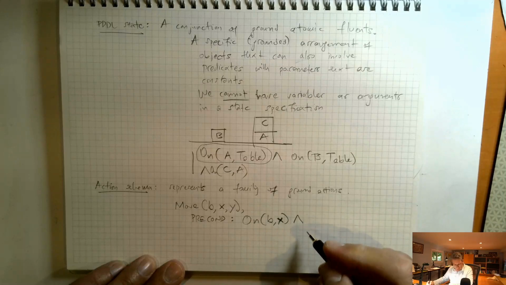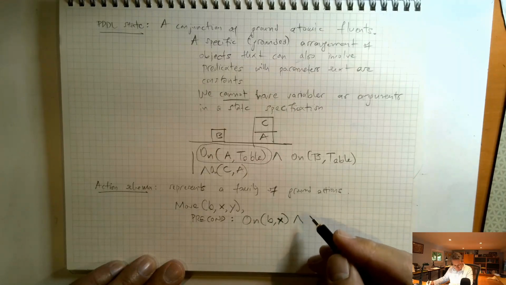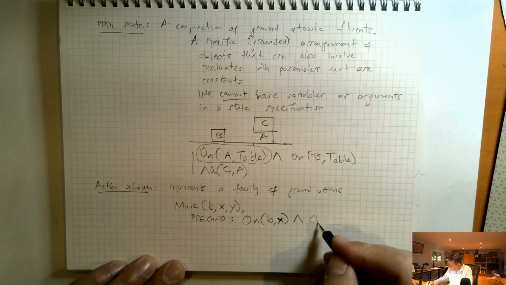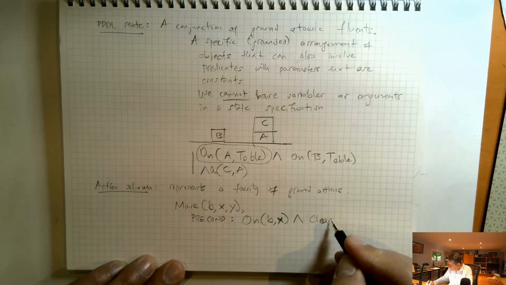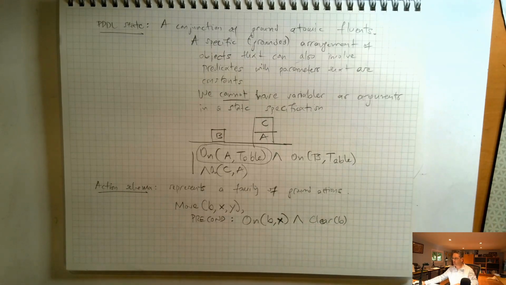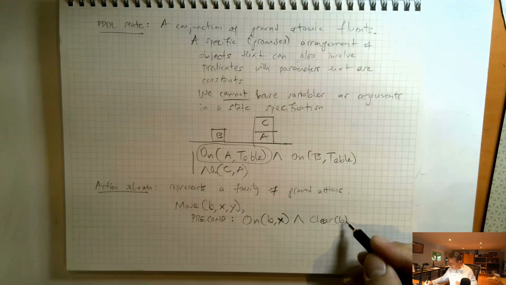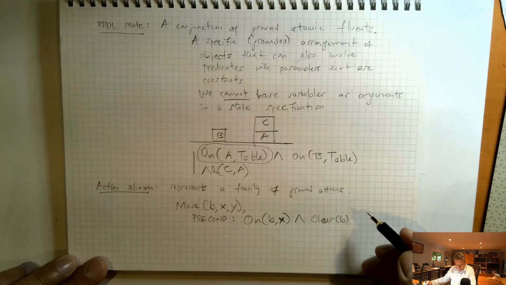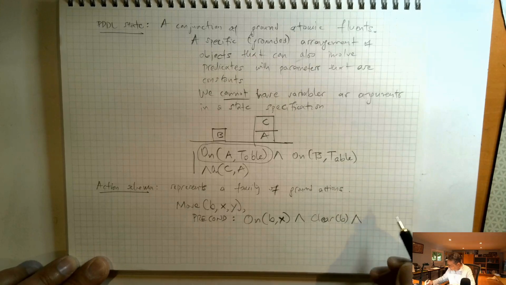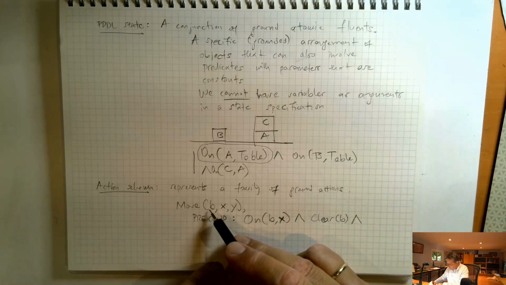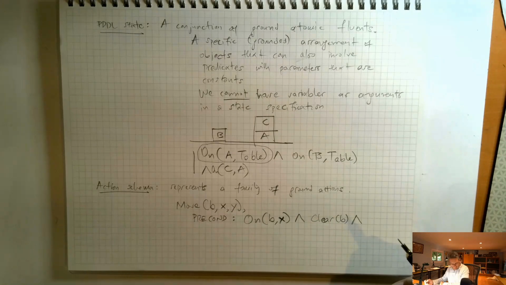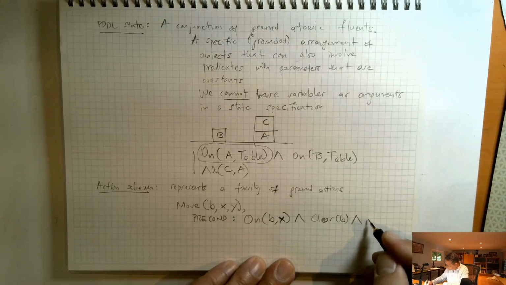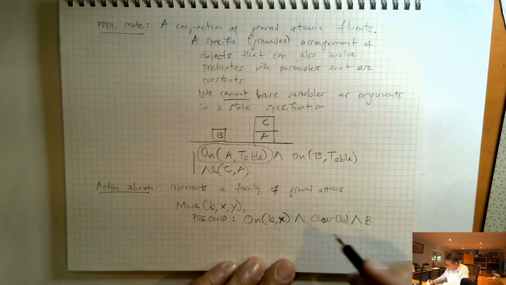The other condition is that b is clear, and clear means here that there's nothing on top of b, so it is clear in that respect. Also, in order to move b into another location y, definitely b is going to have to be of type block.